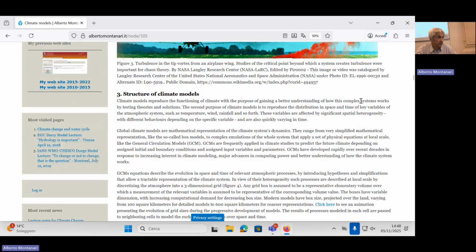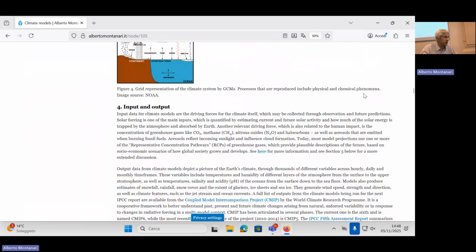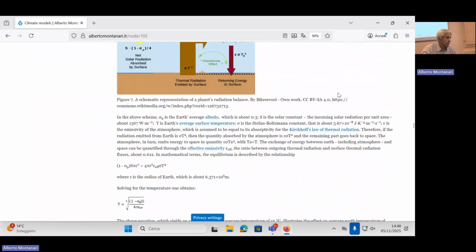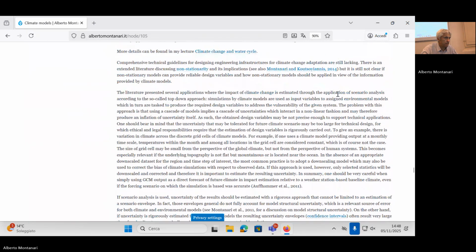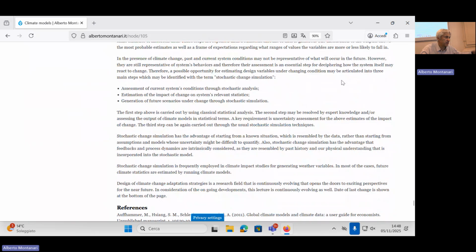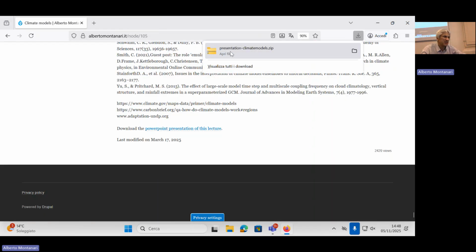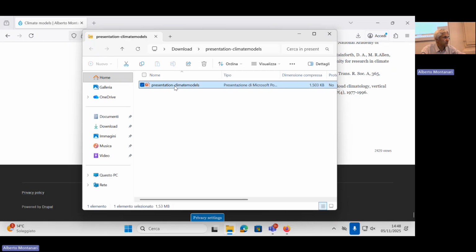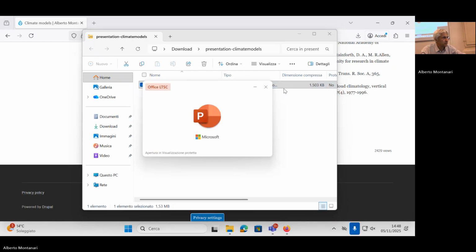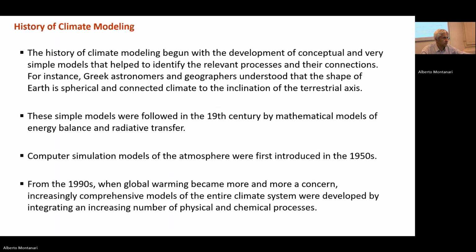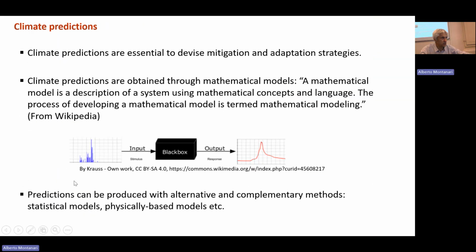Let me take the PowerPoint, sorry, because otherwise, if I go through the lecture, it becomes more distracting. You see, here there is what I basically depicted before.